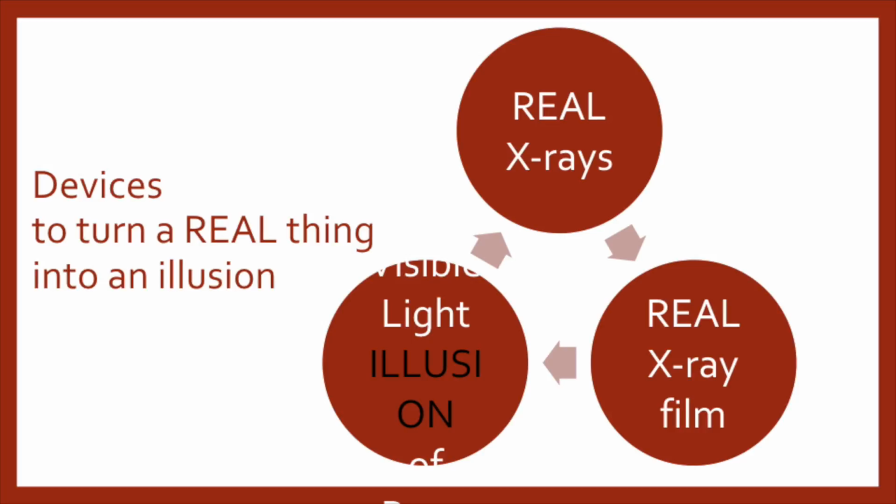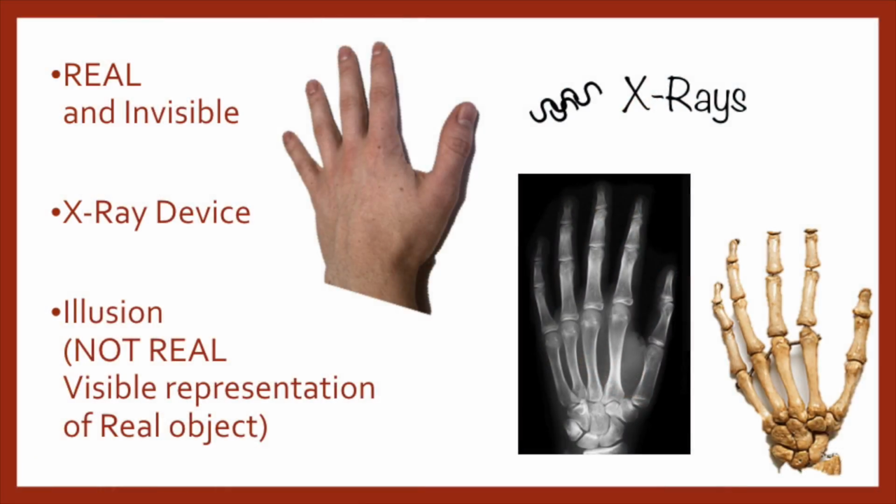And so now we have something that appears to be real, only it isn't real anymore, it's just an illusion. So we've got that real thing, and then we've got the invisible thing that's created with this electromagnetic radiation that allows us to imagine something about another real thing, only it's not real.